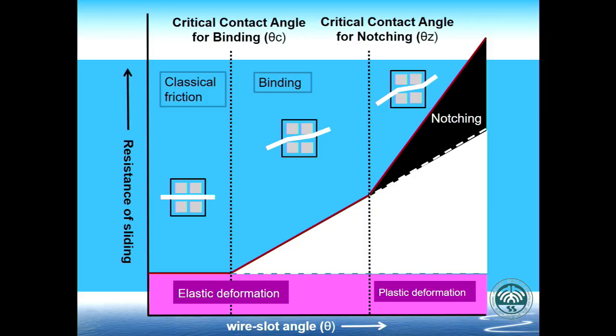This critical angle is called theta c. If wire-slot angulation increases enough to make the wire undergo plastic deformation, binding becomes notching, like this. This angle is called theta z. Sliding resistance increases much higher, so never let theta be larger than theta z. Never do this.